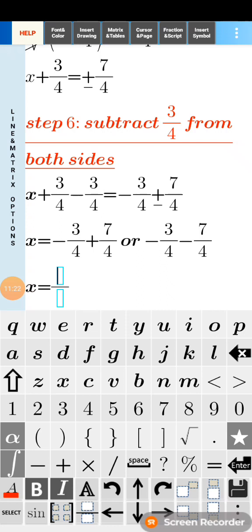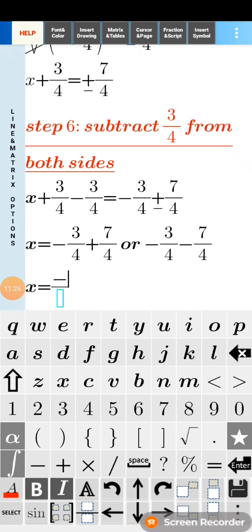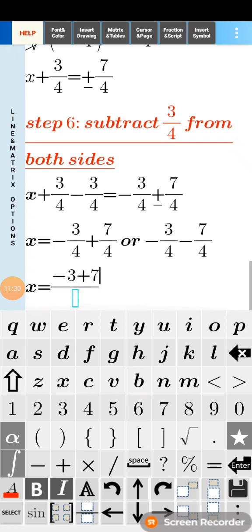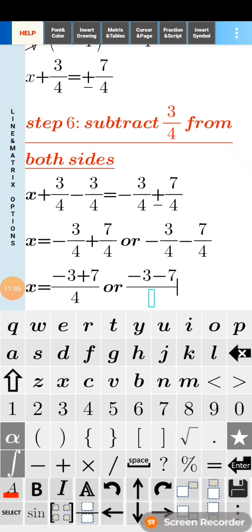So I'll just take one like I told you before. So I'll take it as this, minus 3 plus 7 over 4. Now come here and say or minus 3 minus 7 over 4.